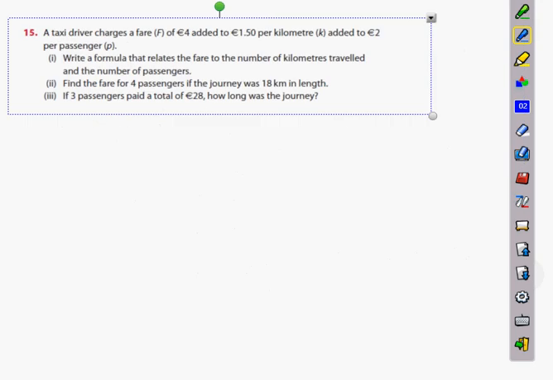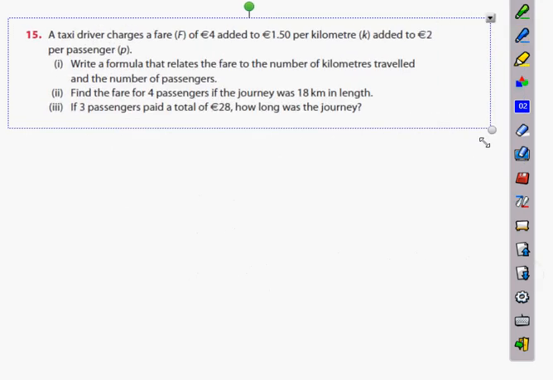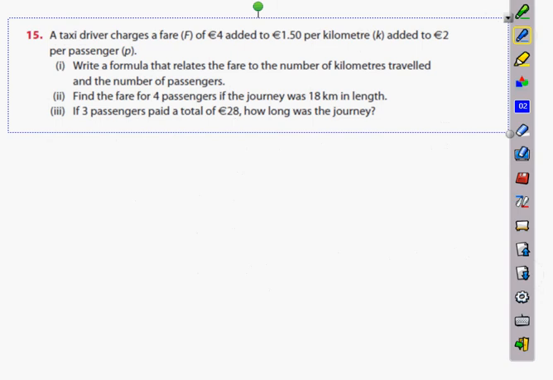Now, last one for me. A taxi driver charges €4 when he picks you up. Every kilometre you travel, he adds €1.50 per kilometre, added to €2 per passenger. Write down a formula that relates the fare to kilometres travelled and number of passengers.